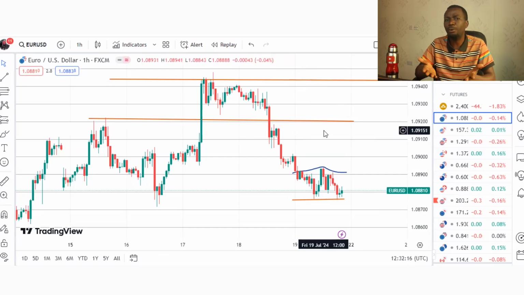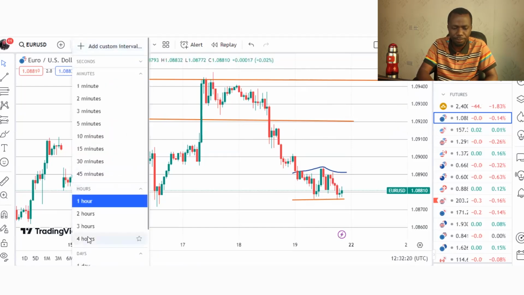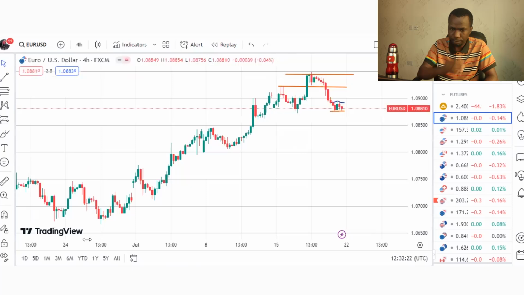This time around you can go to the 4 hour time frame. So let's go to the 4 hour time frame. Now we can clearly see that the strongest key level here is this level.